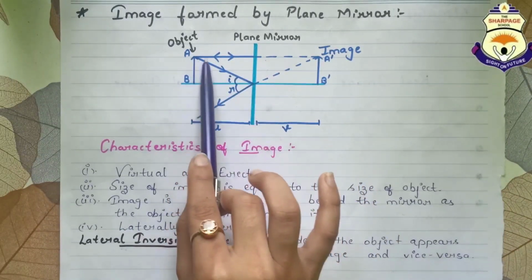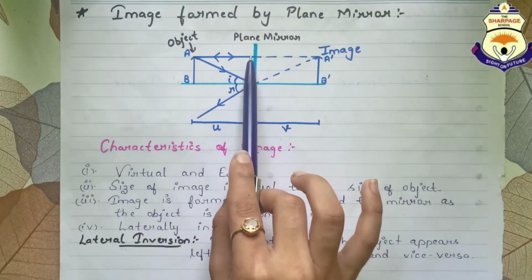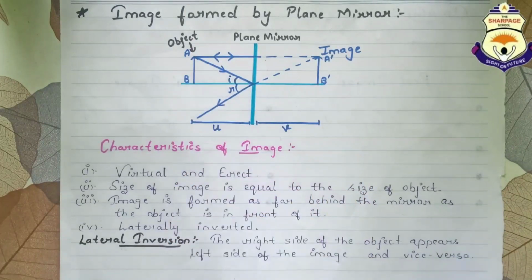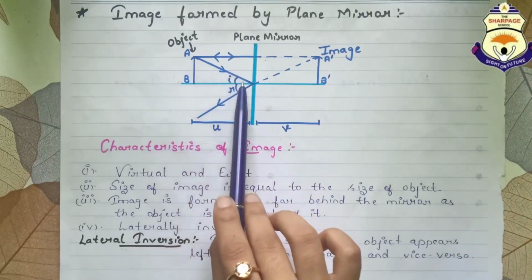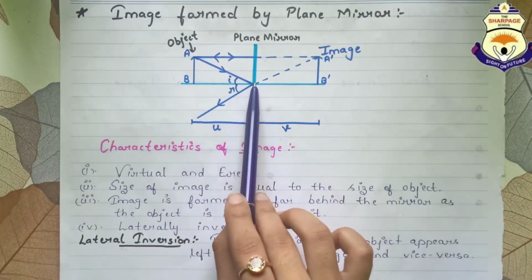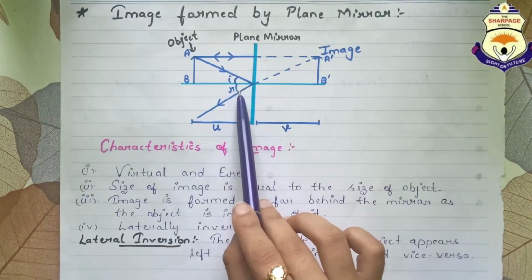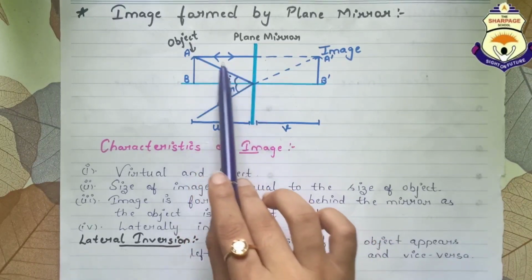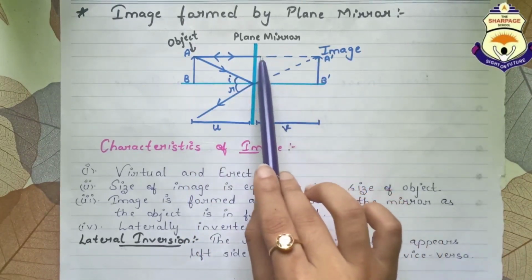The ray of light which strikes the plane mirror returns back following the same path. And a ray of light which is incident at an angle i on the plane mirror is reflected, making an angle r. Now we can see these two rays don't actually meet; they appear to meet.